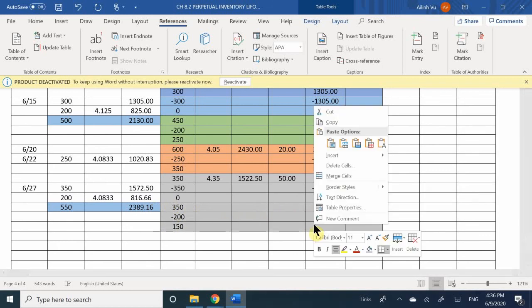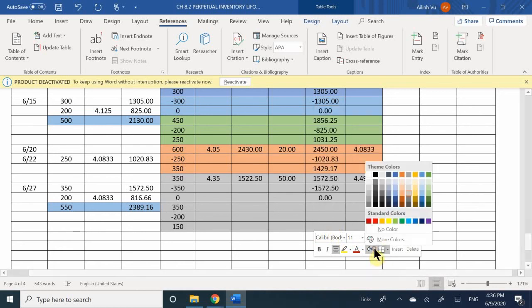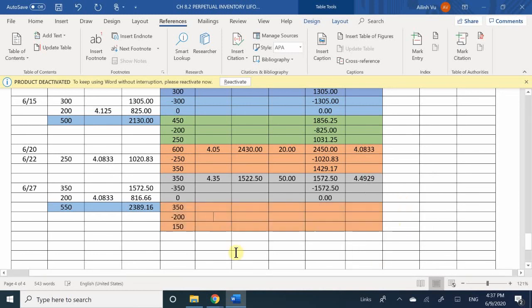I just want to make sure I verify, did I hear her right? So yes, 350 minus 200, you're going to get 150 units left remaining.